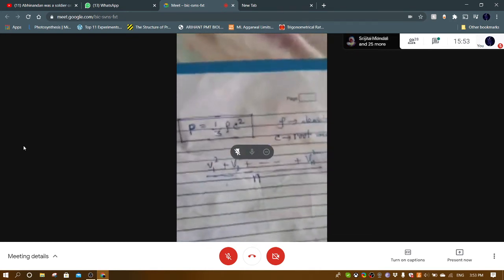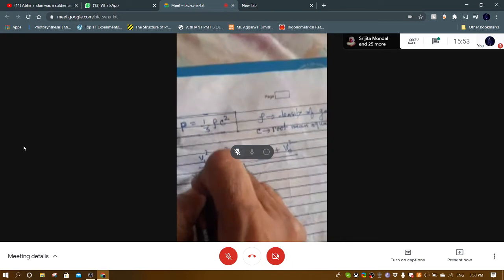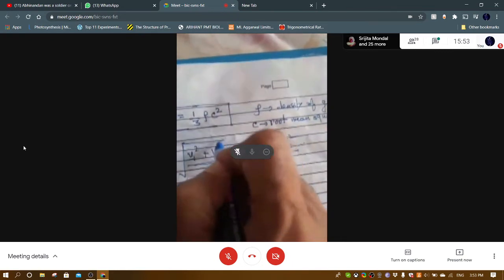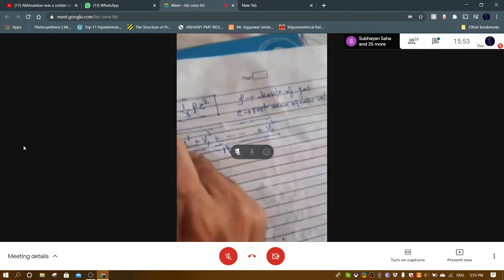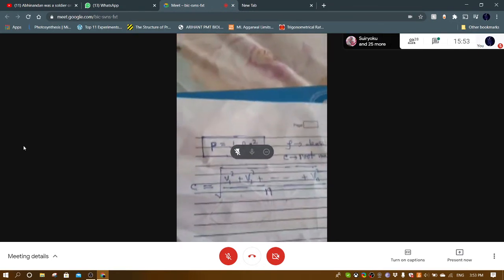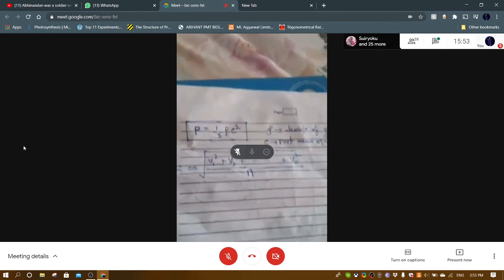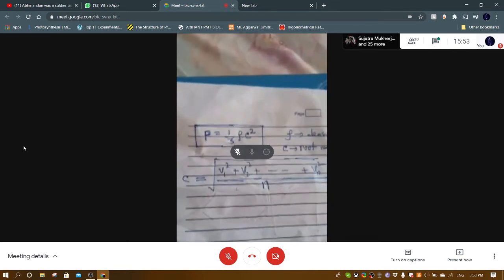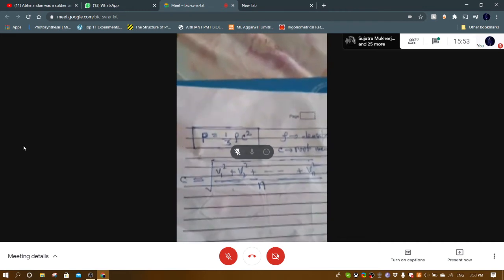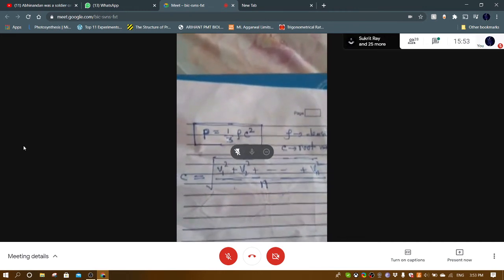This is the average of the square of the velocities, and if I take the root, this is called RMS velocity. C RMS or V RMS, sometimes some people write RMS also as suffix. But it's easy to write C only. C means RMS. This is the RMS velocity.